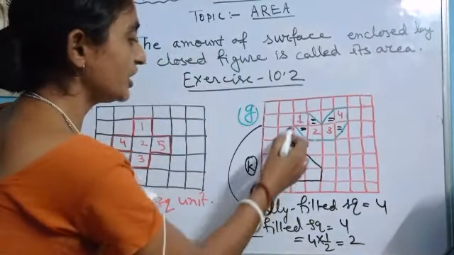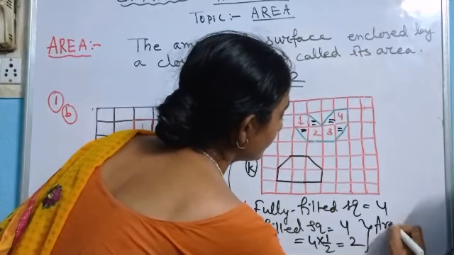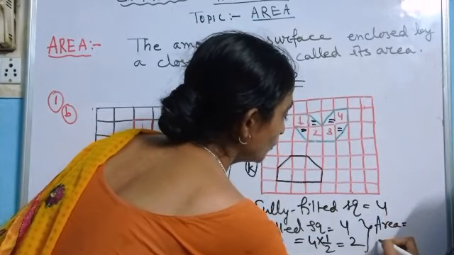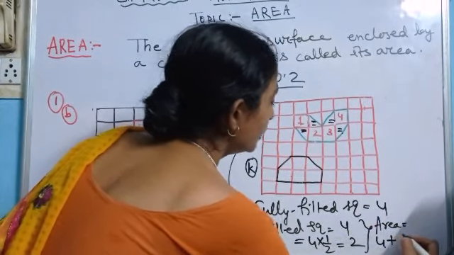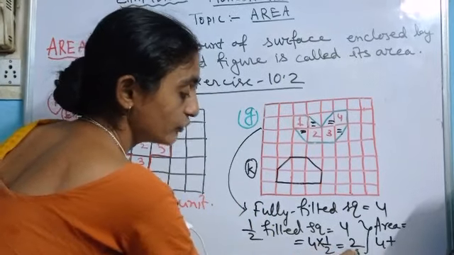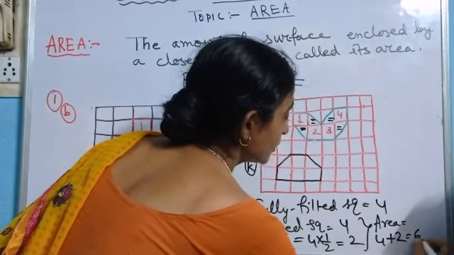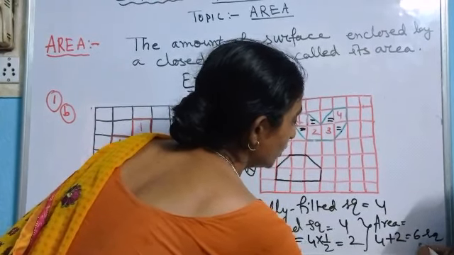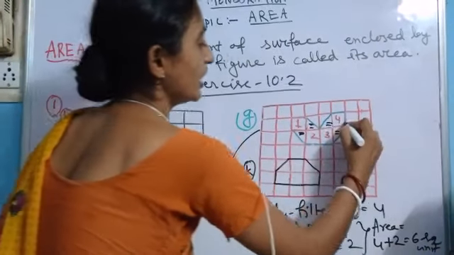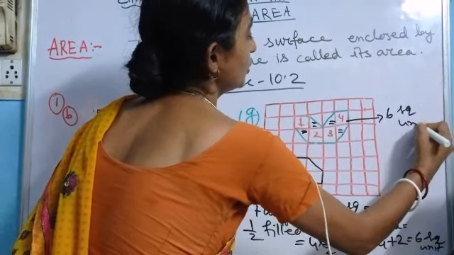So what will be the area of this shape? We will add: 4 complete squares, and from the 4 halves we have got 2. So we add this 2, which is equal to 6 square units. This is the area of this shape, 6 square units.